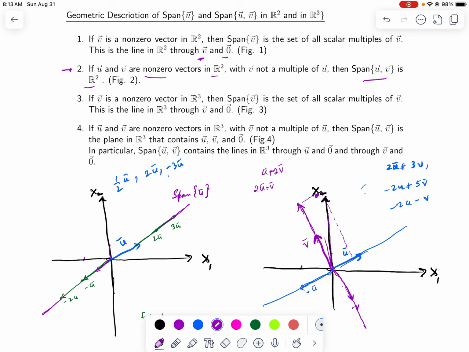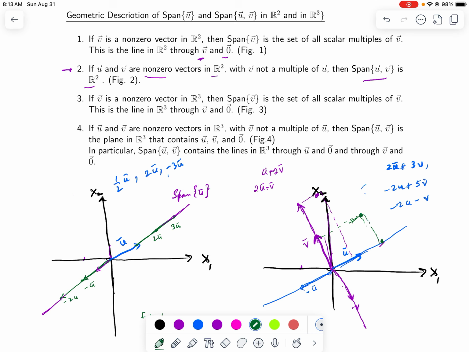Okay, now we look at 2u plus v. So now I have 2u, so we are here, and v is over here. So I complete my parallelogram law rule. So my vector will end up here.